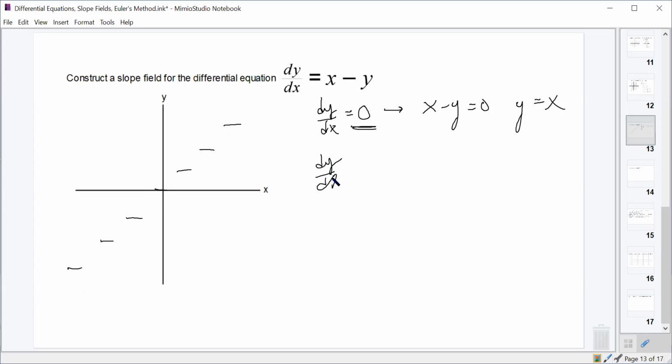Let's make dy dx equal to 1 now. That will tell me that x minus y equals 1, or that y equals x minus 1. True. So anywhere along the line y equals x minus 1, the slope should be 1.